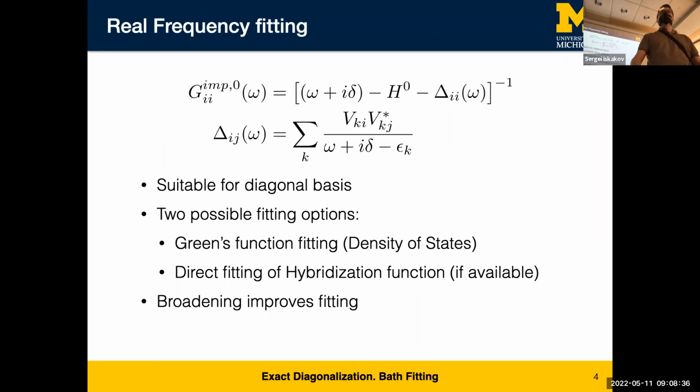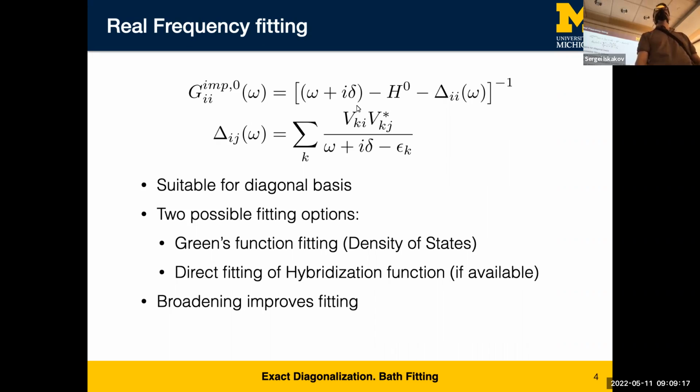Sometimes we get data from, basically, LDA, and we have a density of states from LDA, formulated in the real frequency, and we want to do the minimization of that particular density of states to study the correlated physics from the LDA starting point. For that, we introduce the non-interacting impurity Green's function that looks like this, and the hybridization function that looks like this. And then we do the fitting problem.